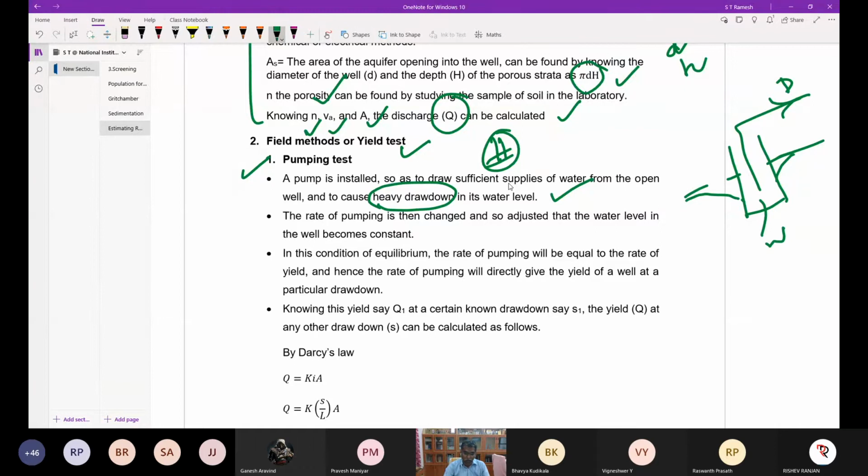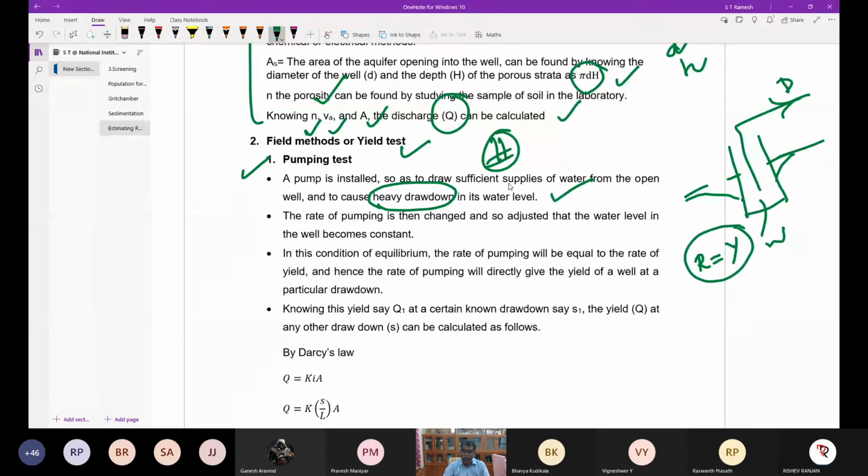Now you adjust the pump in such a way that the rate of pumping will be equal to the rate of your yield.